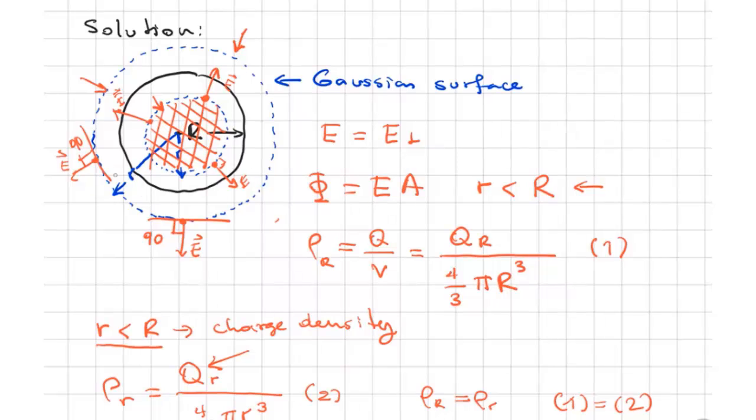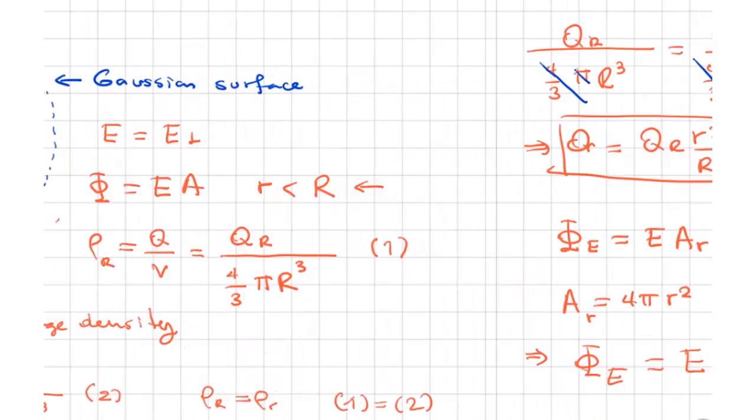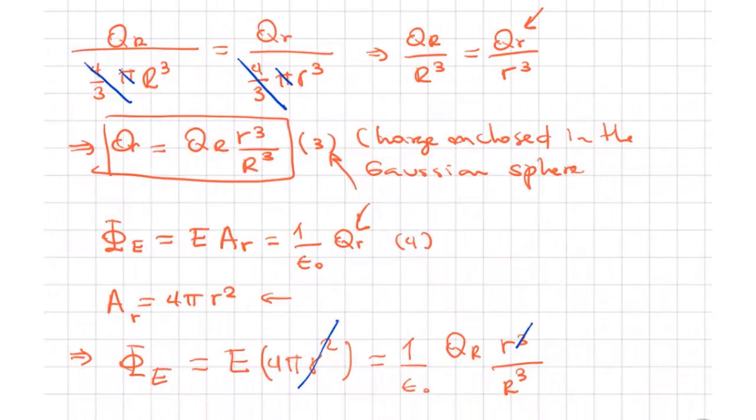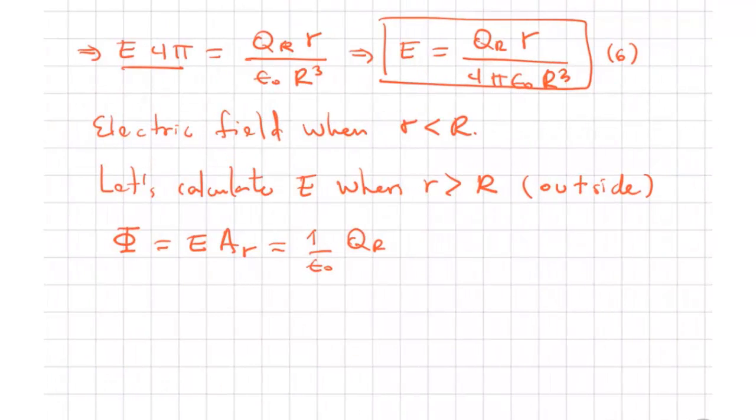What is the charge enclosed by this Gaussian surface? The charge enclosed by the Gaussian surface outside is the total charge, so we don't have to calculate a new one. It is the original charge.